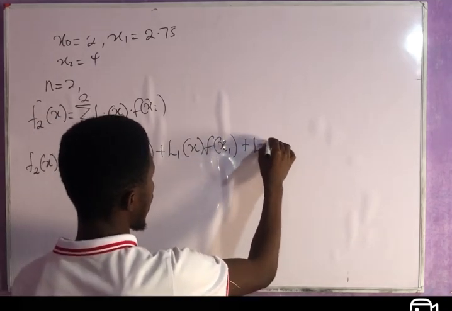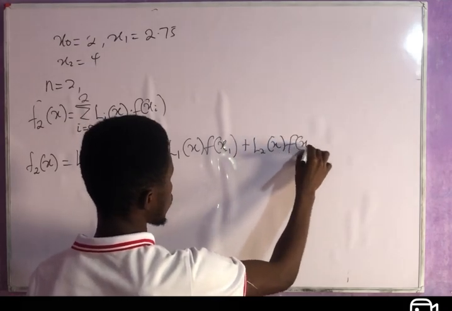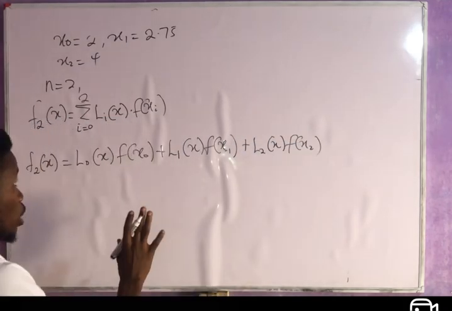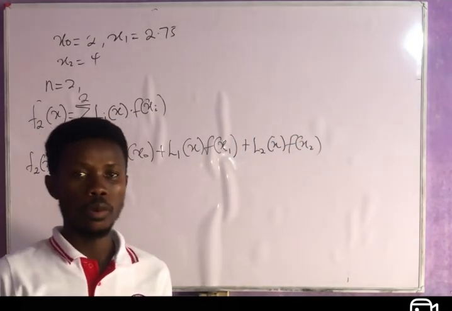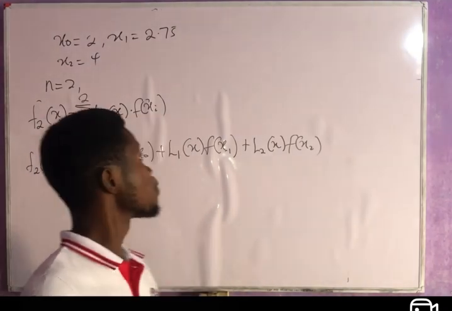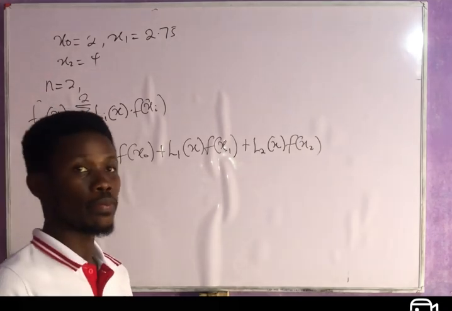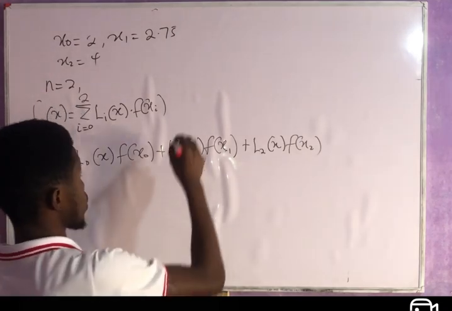L2 of x f of x2. Okay, this is what we have, meaning we need to find our L0, L1 and L2. So what is our L1? Okay, let's start with L0.